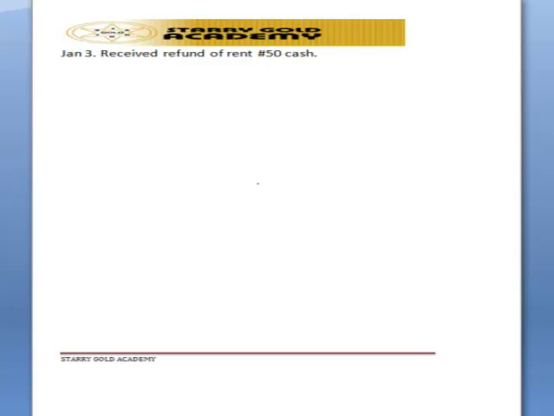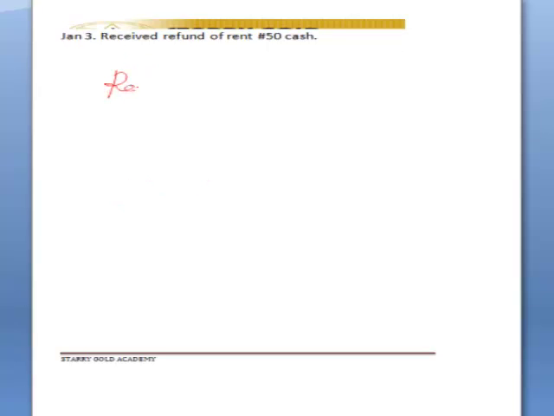It means that there is an excess payment for rent, and rent account is refunding the money. So the two accounts involved here are, one, the rent account, and secondly, the cash account.